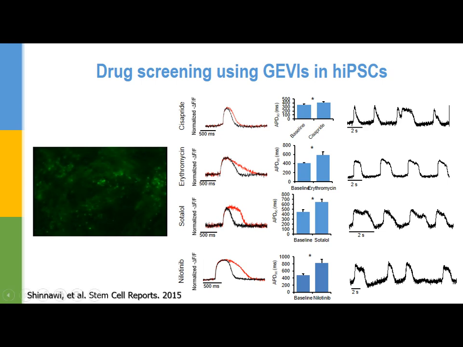So you can see that non-cardiac drugs such as cisapride, erythromycin, and even the tyrosine kinase inhibitor nilotinib cause significant action potential duration prolongation, which reflects QT prolongation.